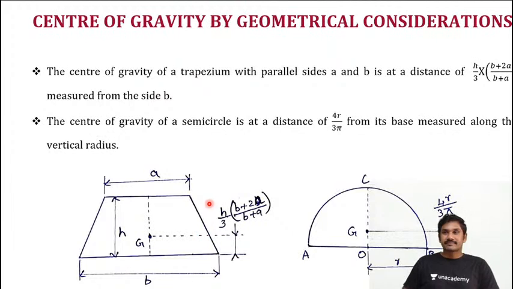Next thing is the semicircle. If you take the semicircle, similarly, draw the horizontal and vertical axes, that is the x and y axes. About the y axis, this semicircle is symmetrical on both sides.